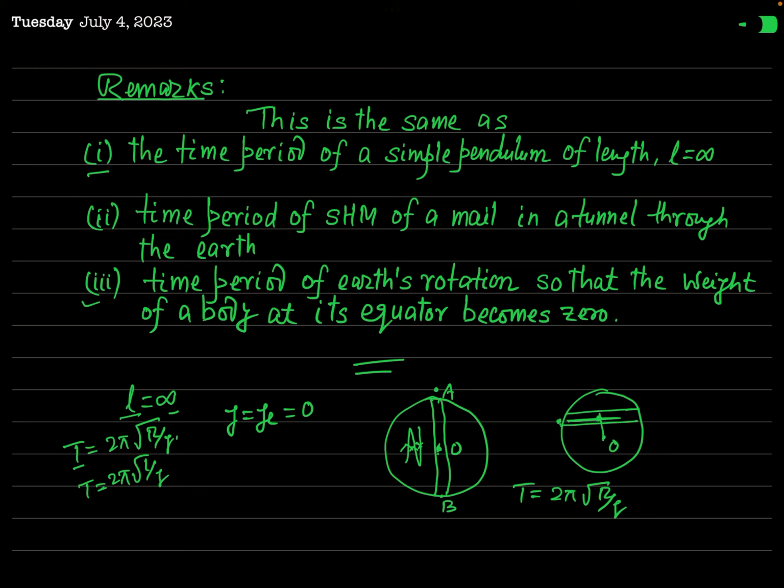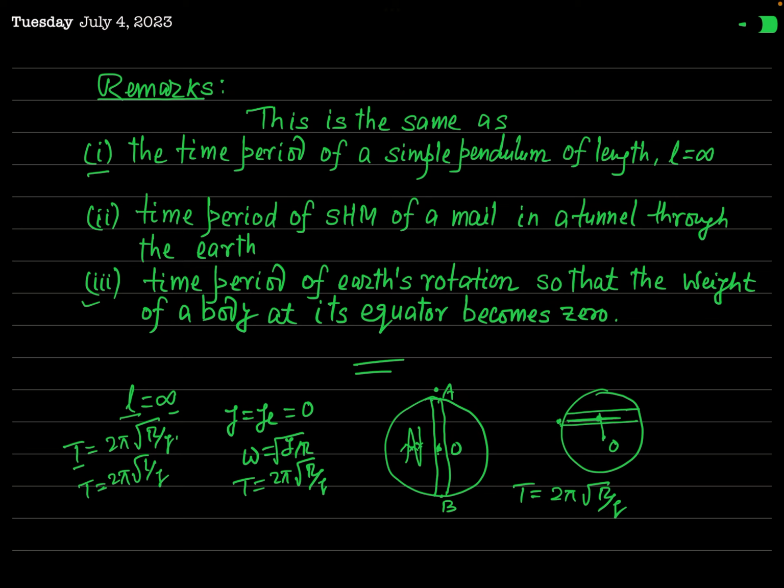If g becomes 0 at the equator, then the angular velocity of the earth, omega, is such that the angular velocity becomes root over g by R. Then the time period will be what? The time period will be 2π root over R by g.